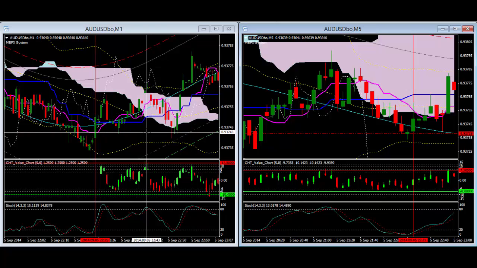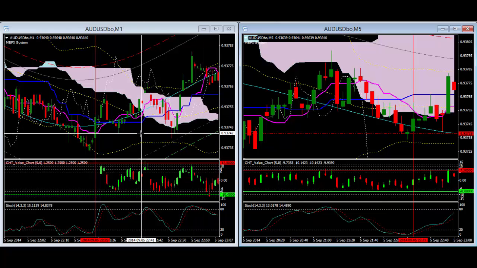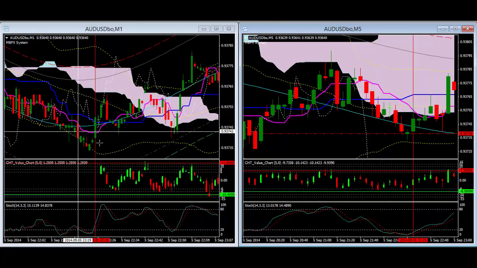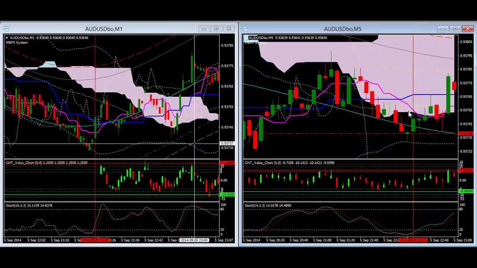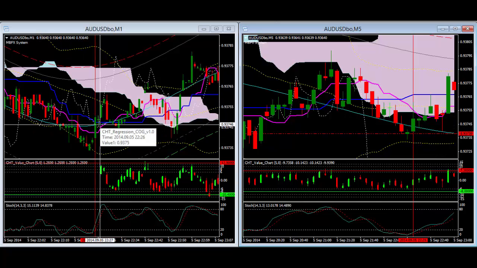That's a no-no for me, right? However, the 5-minute chart is saying Kijun is flat, so Tenkan will have to go up and price will have to move. But who cares? I can't think that far, right? I'm trading right here, and right here it just went up, and it can come down again. So I won't take these calls, right?